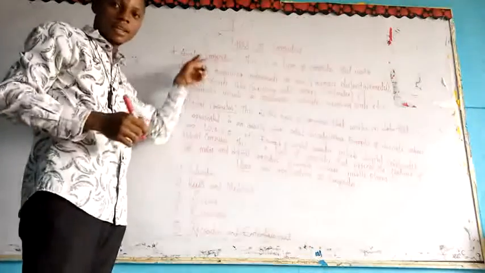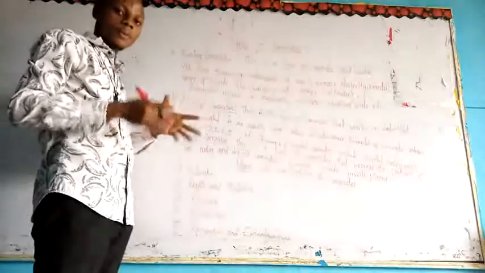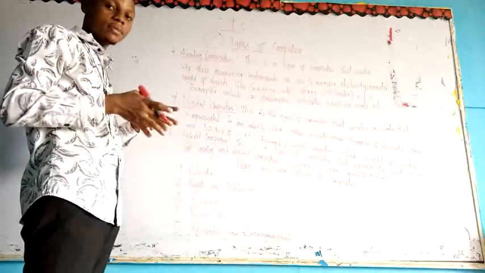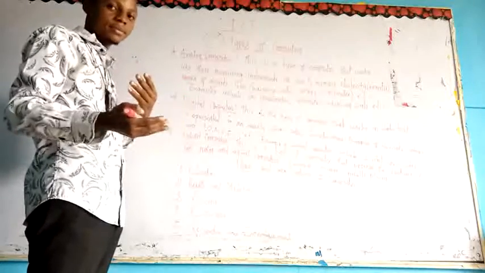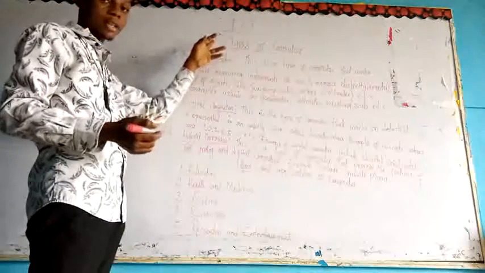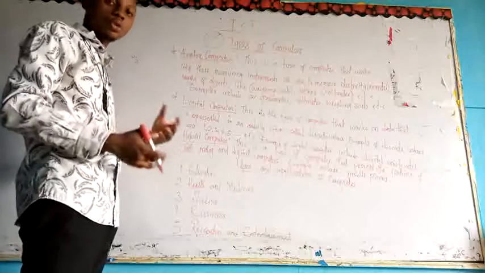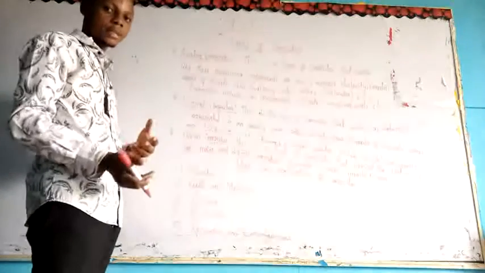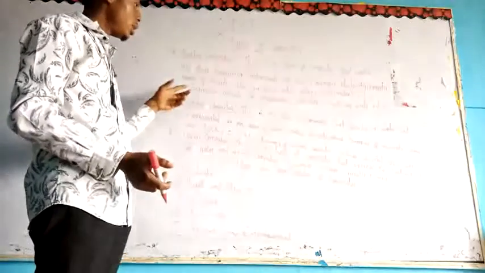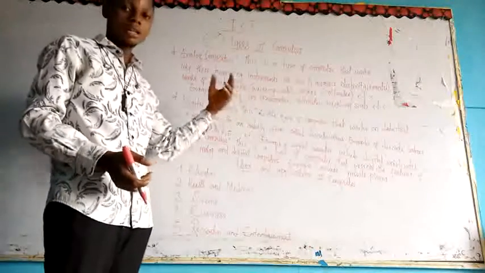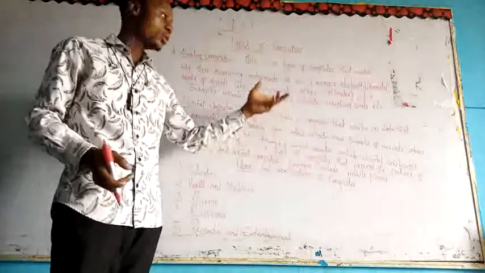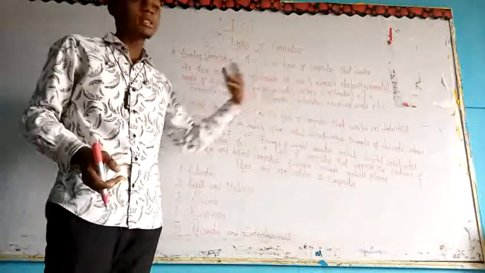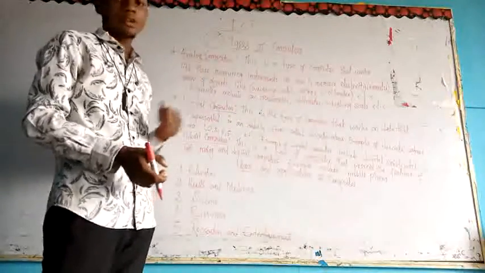So when you are behind the steering, that's the car speedometer. It's used to measure speed. So this car speedometer is an example of an analog computer. We also have the voltmeter, which is used to measure voltage, and the weighing scale as well. All these are analog computers.